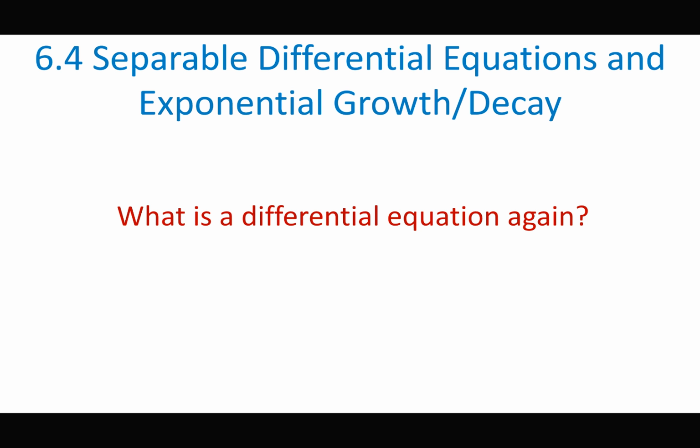All right. What is a differential equation again? So if I gave you something that I said dy dx equals, what do we think of that as? Not so much just as a variable, but what is dy dx? Okay, a derivative.